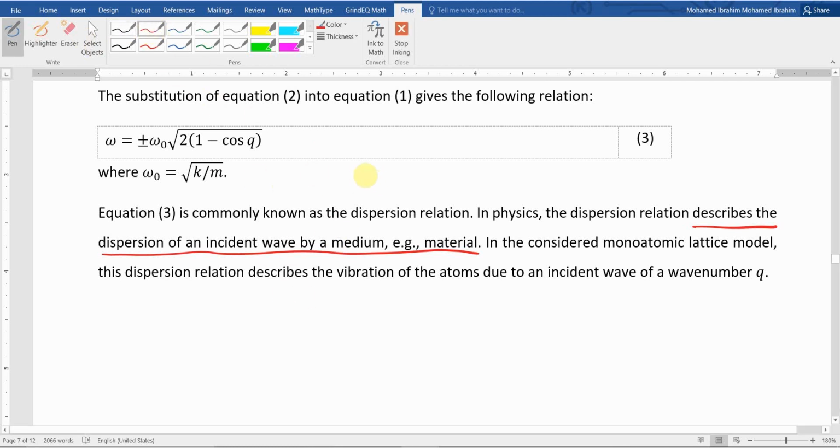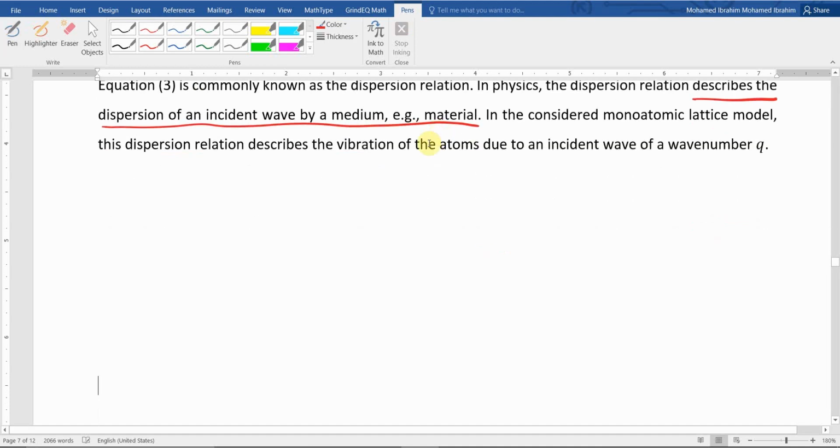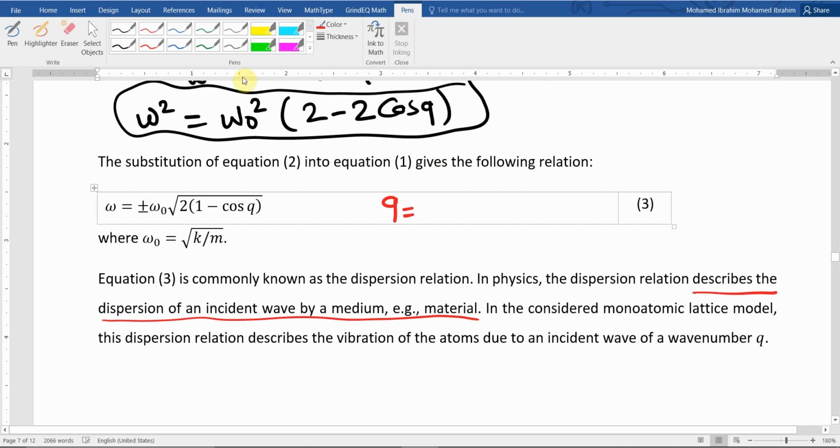So we're going to draw this equation from q equals 0 or negative pi up to pi. This means that we have to consider the case that q equals 0.